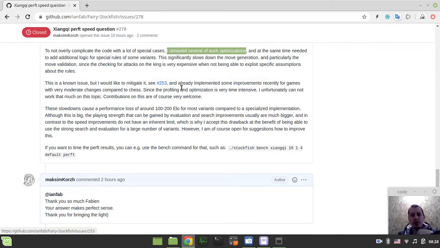So this is a link to another issue, and I already implemented some improvements recently for games with very moderate changes compared to chess, since the profiling and optimization is very time intensive, and I unfortunately cannot work on this topic much. Contributions on this are of course very welcome. So this slowdown causes a performance loss of around 100 to 200 elo points, and this really correlates with the results I had back in the day when I improved the speed of the move generator of my international Western chess engine Wukong, and one of my subscribers actually helped me doing that.